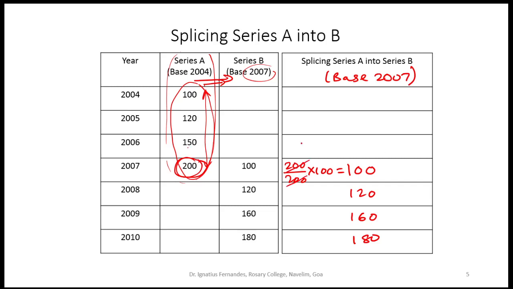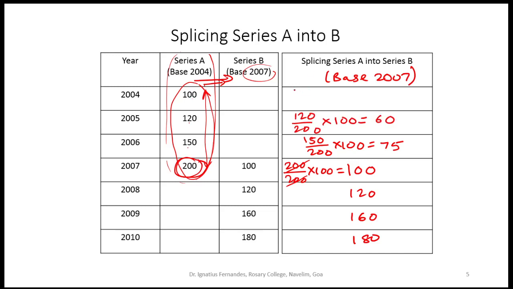So this 150 will be 150 divided by 200 multiplied by 100. That will be equal to 75. Converting 120 to the base 2007, it will be 120 divided by 200 multiplied by 100. That will give you 60.